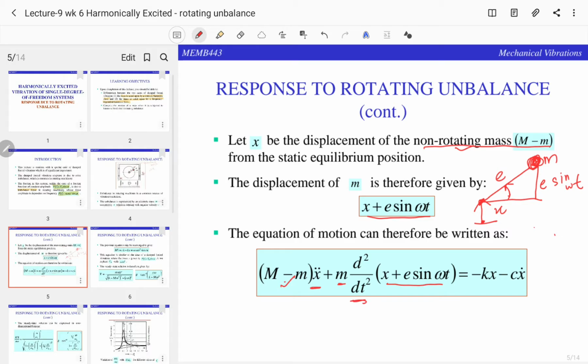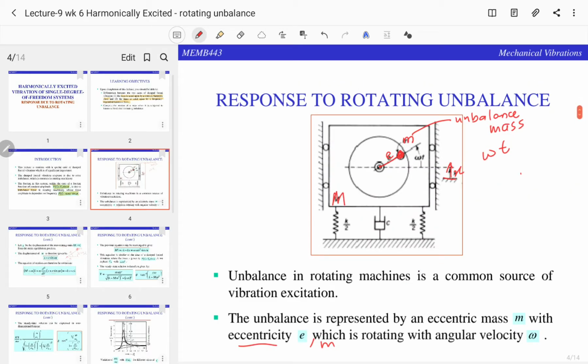So if you look back at this figure, your x is going up. If you want to draw the free body diagram, this is very similar to your k, because these two k, you just add them up, so it's just k and your c, isn't it?